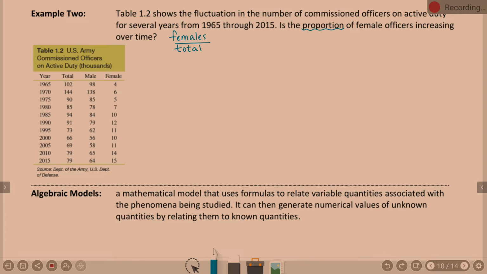So, okay, let's put our numbers in. What numbers are we going to need in our list? We're going to need female, yes. So you're going to put your female numbers in one of your lists. You want to make that L1. And then what other numbers am I going to need? Your totals. So I'm going to put those in L2. Doesn't matter if you switch them, it'll all work out the same in the end.